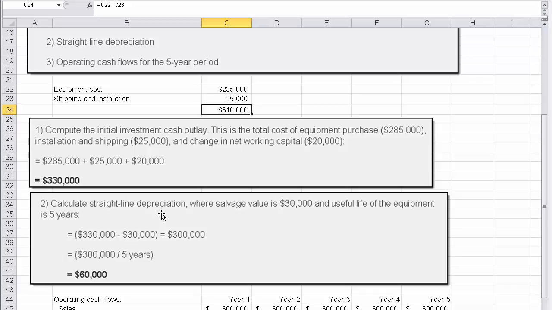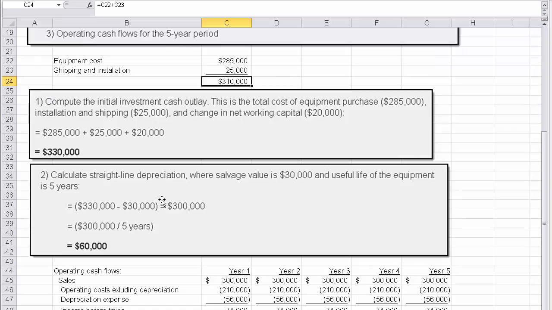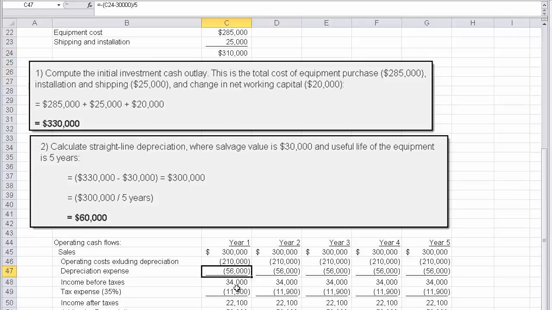So the way I would calculate the straight line depreciation is I'm going to calculate it right here. And what I'm going to do is take the $310,000 given in cell C24, and I'm going to subtract the $30,000, which represented the salvage value that we expect at the end of 5 years, and then divide it by 5, and that's the same depreciation in every year.